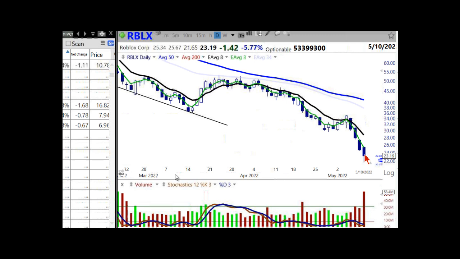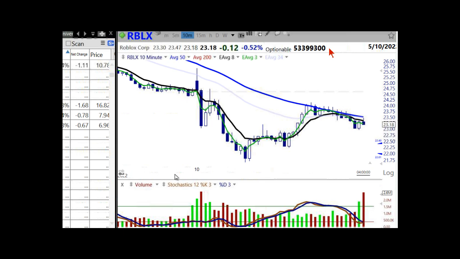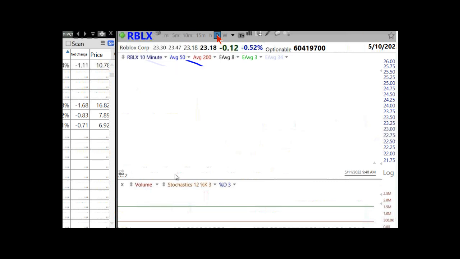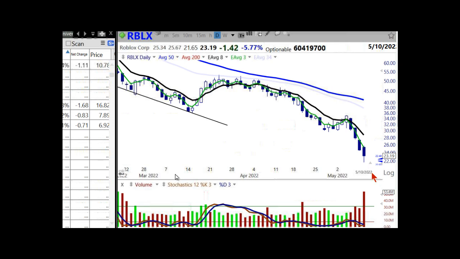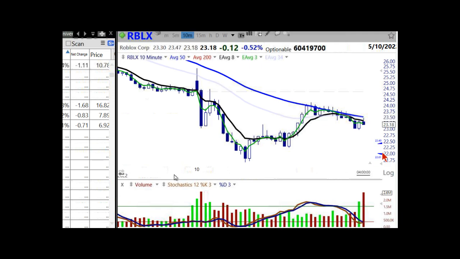Regular hours showed it closed here. Is that right? At 23.18. All right, and after hours, well, for crying out loud, it's not showing anything. Or did I just do that wrong again? Okay. Doesn't show that it's traded down there. So here's the bid and ask. Maybe there's none traded. Yeah, so it's down another dollar. So this is going to gap down.